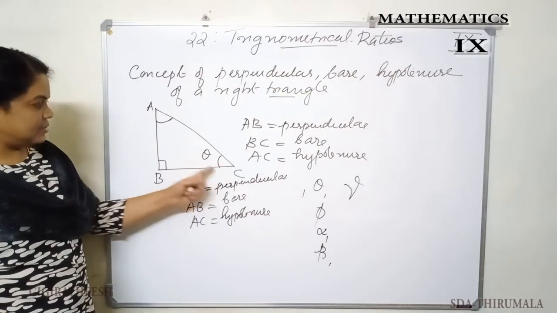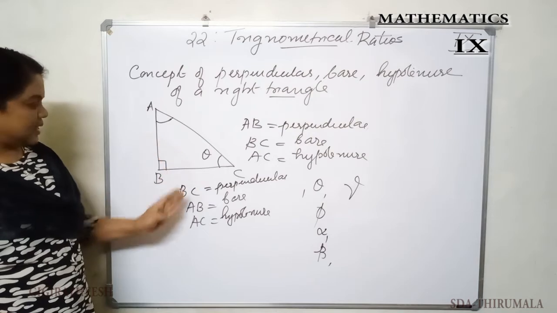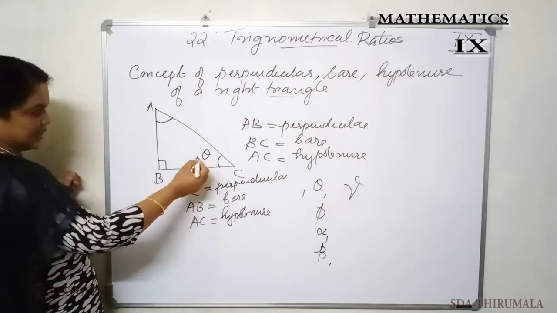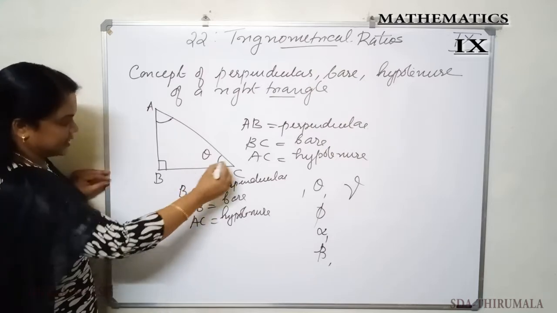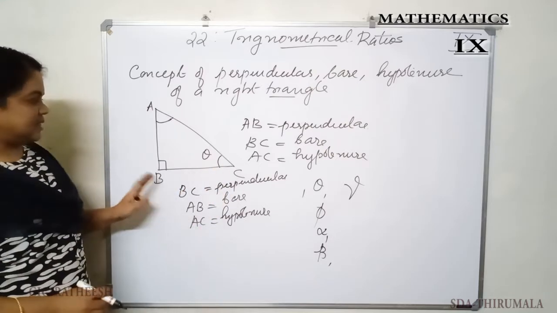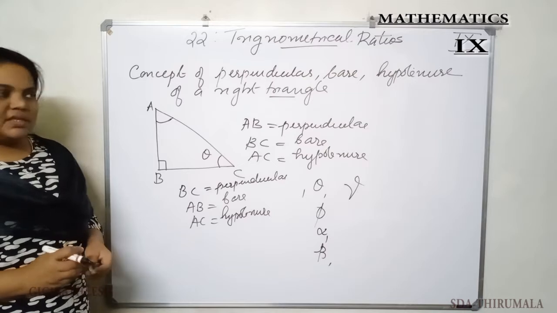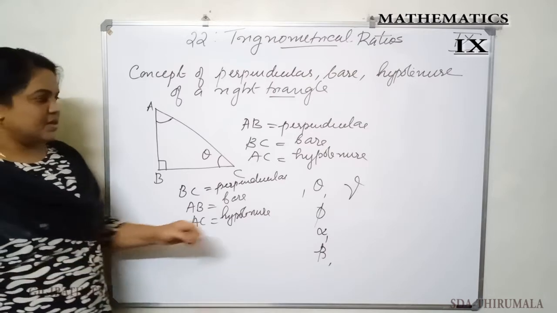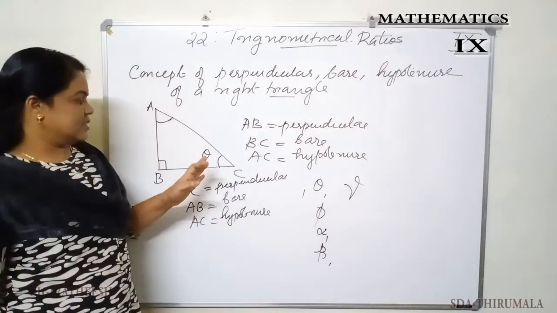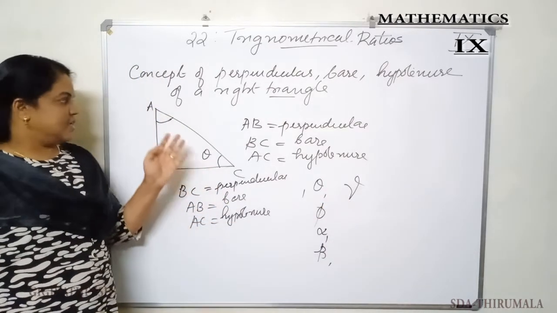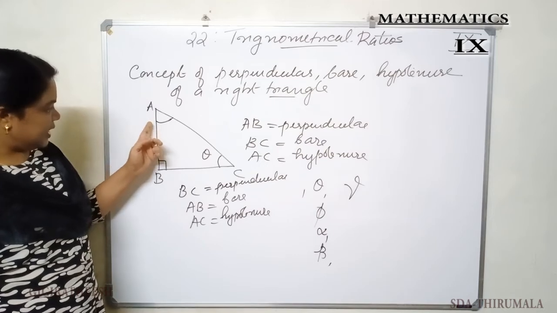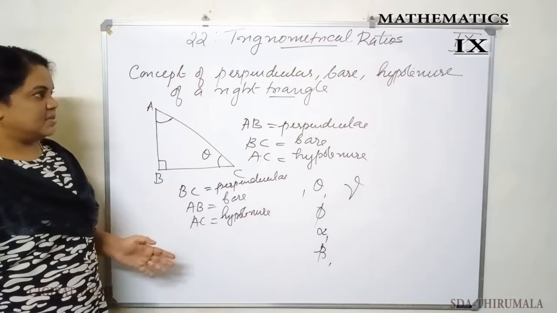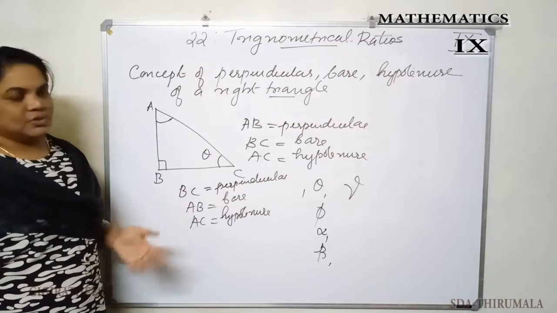That is, angle theta is equal to perpendicular, base and hypotenuse. In this lesson we always use theta, though in some questions gamma is used. We can also use an alphabet, like angle A is equal to, and these are the basics of trigonometry.